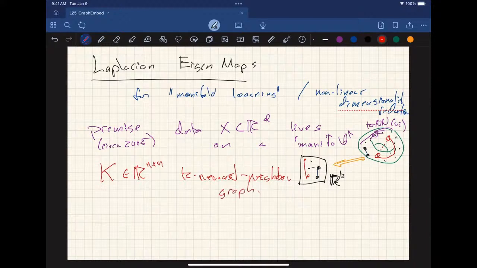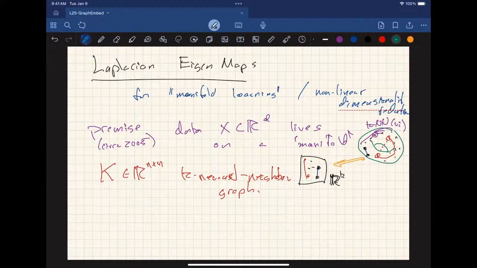And I might do something to make it symmetric. One point's k-nearest neighbor may not have that point in its own k-nearest neighbors, so I'll maybe do some tricks to make this symmetric. Not worried about that.